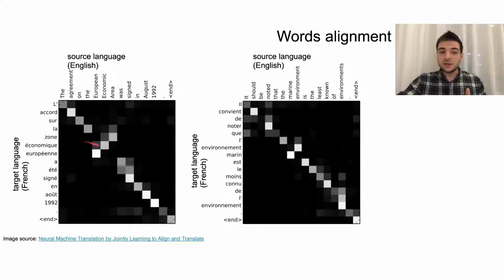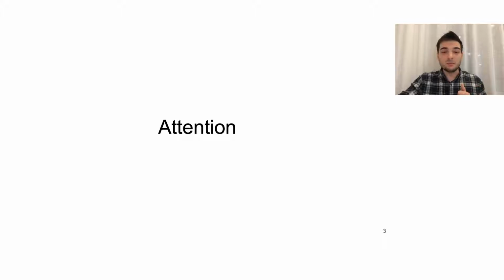But right now, let's just see that attention is showing, for every word of the target language, to which word in the source language it is connected. It allows, at the moment of generation of a new word, to see which words in the original language should be used right now. That's kind of it. This is just a small introduction, and right now, let's proceed to the attention mechanism.